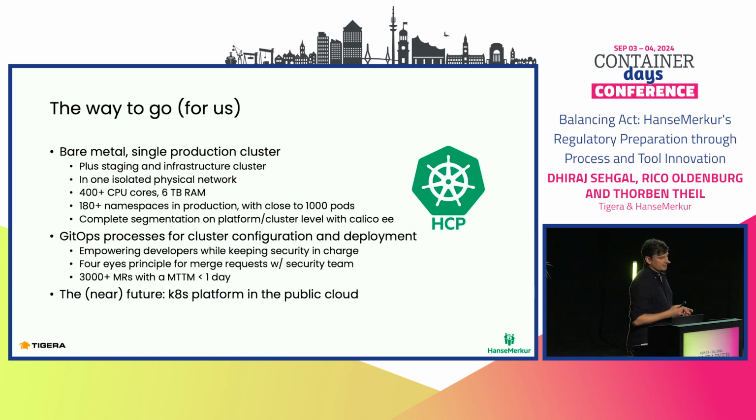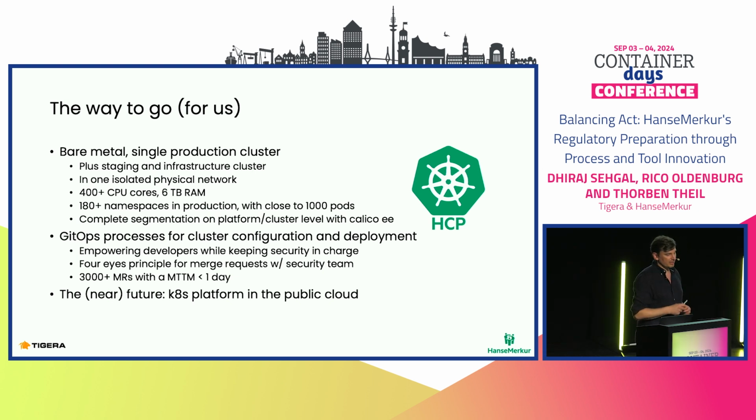Of course, our cluster leverages GitOps processes based on Argo mainly for cluster configuration and deployment. So we are now empowering the developers to write their own network policies, to make changes, adapt. And we are keeping security in charge via a 4 eyes principle in GitLab merge requests.